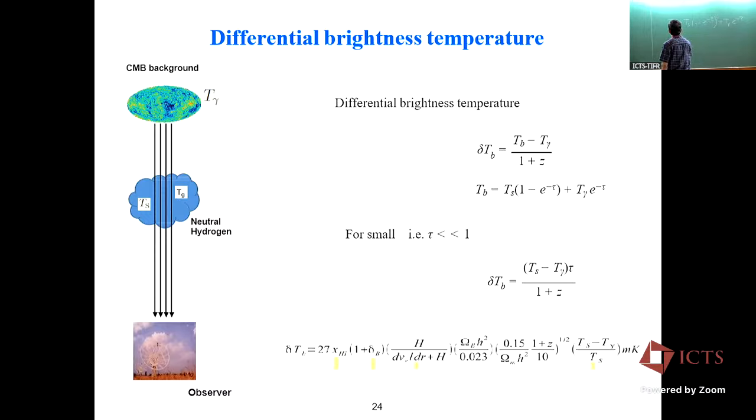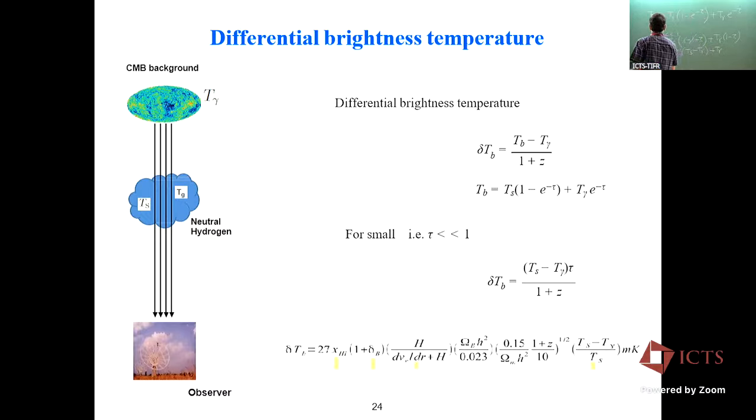So if tau is much less than 1, then this becomes TS times 1 minus 1 plus tau plus 1 minus tau. Now this cancels out, so what is left is tau times TS minus T gamma plus T gamma, right?